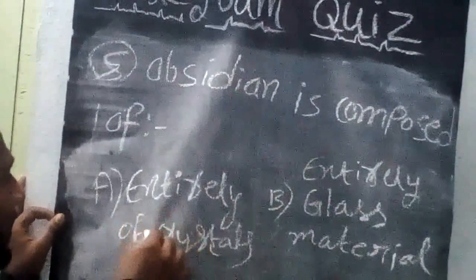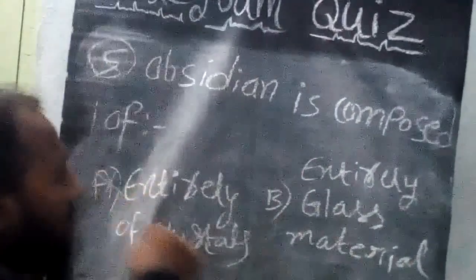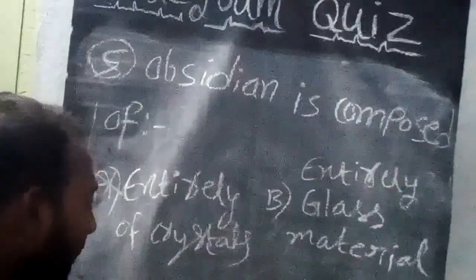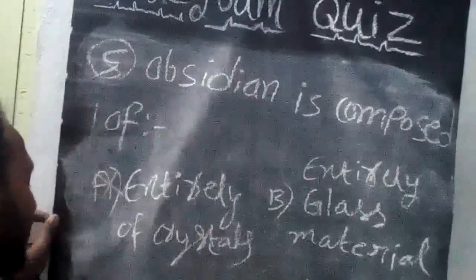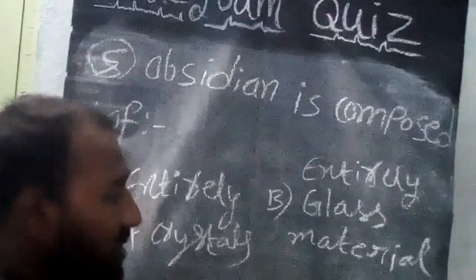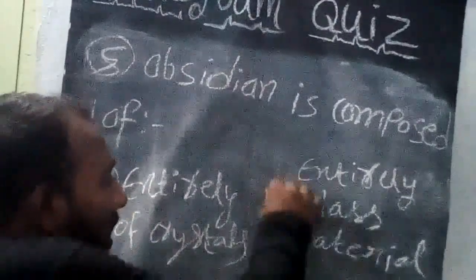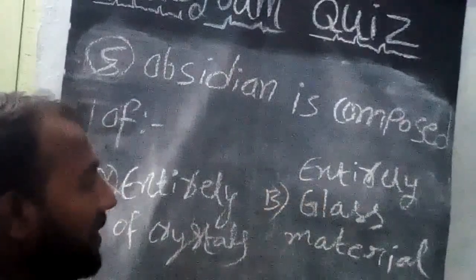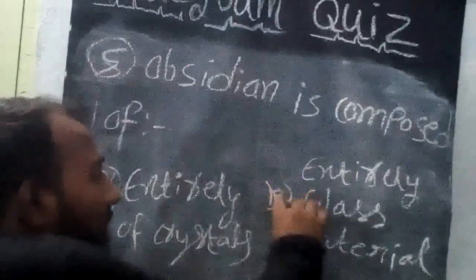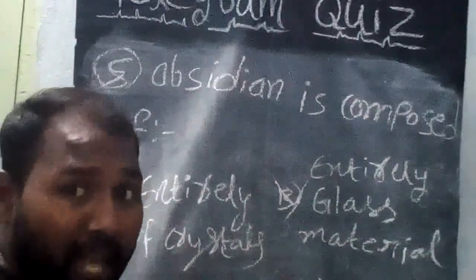Option A, entirely of crystals, is wrong. C, mixture of glass and crystals, is wrong. D, all sizes of crystals, is also wrong. Answer B, entirely of glass material, is the correct answer. Obsidian is composed entirely of glass material only.